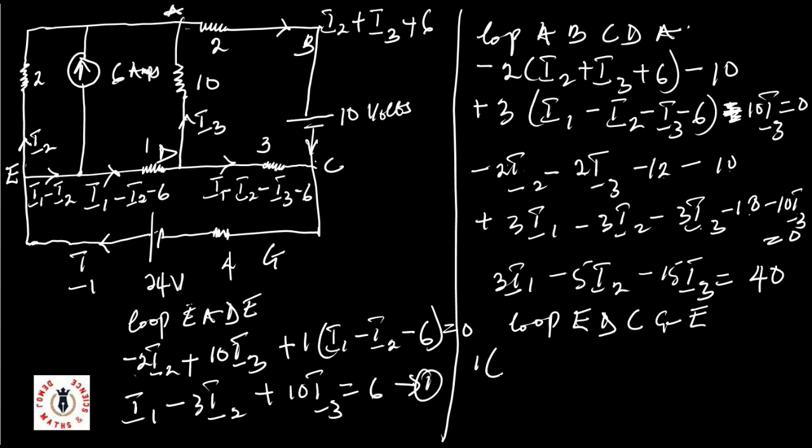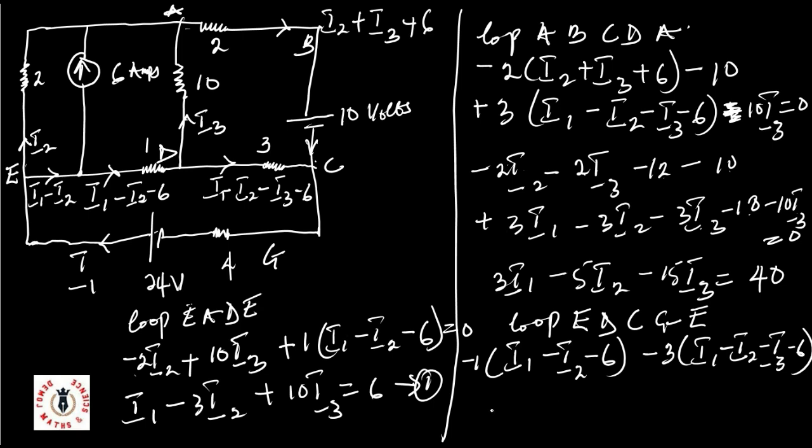That's 1 into I1 minus I2 minus 6, then minus 3 into I1 minus I2 minus I3 minus 6.